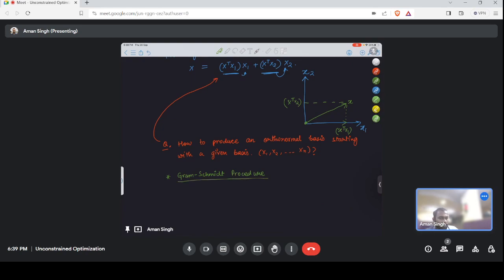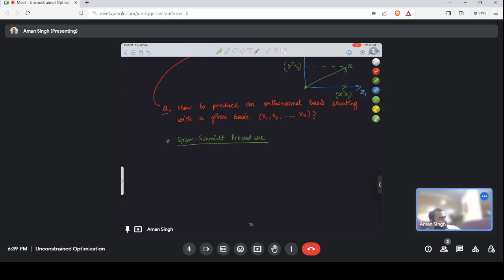So we'll try to follow it step by step. We will do it for an example in R3. So let x1, x2, and x3 belonging to R3 be a basis. So they are linearly independent and they span R3. What we have to do is find y1, y2 and y3 which form an orthonormal basis.